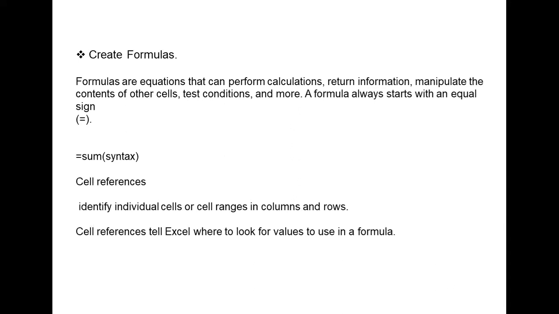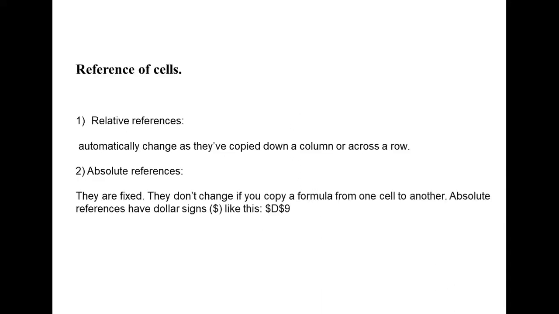Individually, you have to provide a cell reference to that. A cell reference in Excel is basically which cell you want to refer to, which cell you want to make part of the formula. Now, references are of two types in Excel.